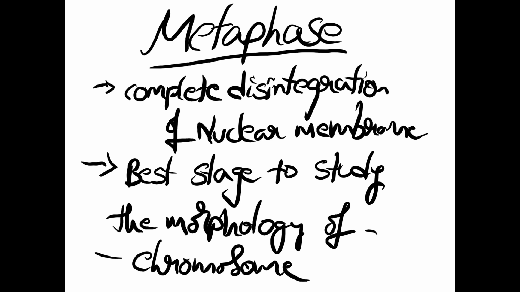Coming to the metaphase. How can we know that a particular cell is in metaphase? As the disintegration of the nuclear membrane takes place, the chromosomes enter into the cytoplasm. By this we can understand that the cell is in metaphase stage.